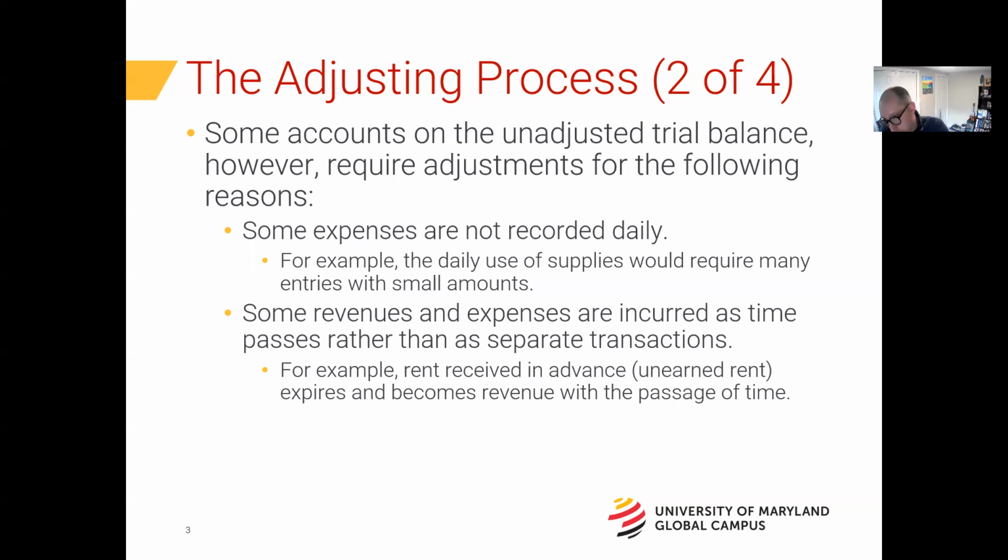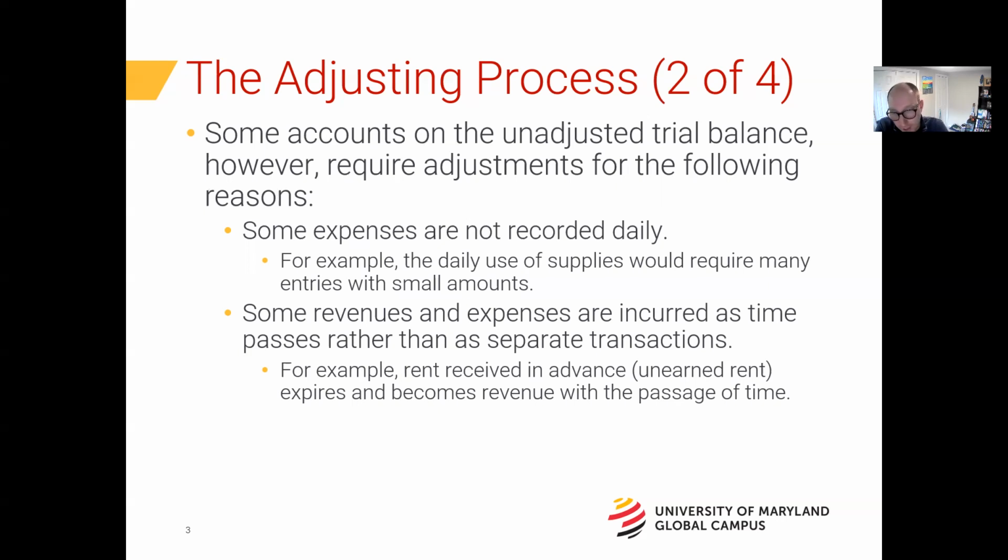The landlord records that payment as unearned rent. It doesn't become earned until the service is provided, meaning it doesn't become earned until June 1st. So the landlord records the rent as a debit to cash and a credit to unearned rent. The reason why I credit unearned rent is because unearned rent is a liability account.